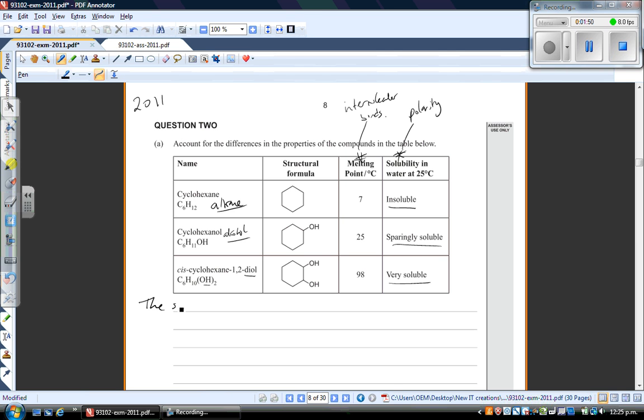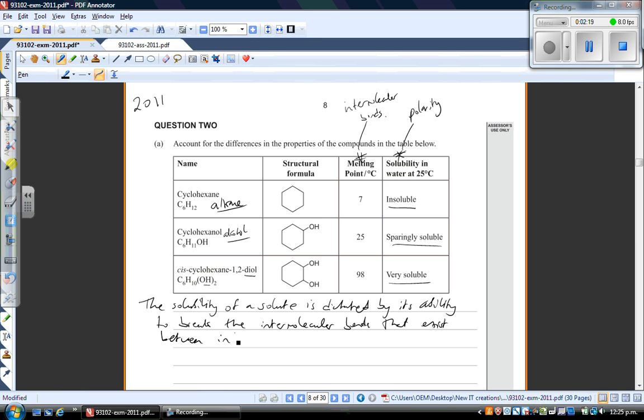The solubility of a solute, which is either of these 3 compounds, is dictated by the compound's ability to break the intermolecular bonds that exist between individual water molecules.